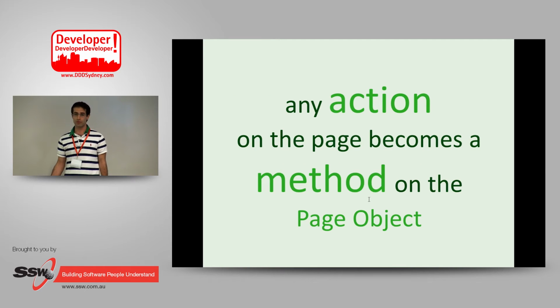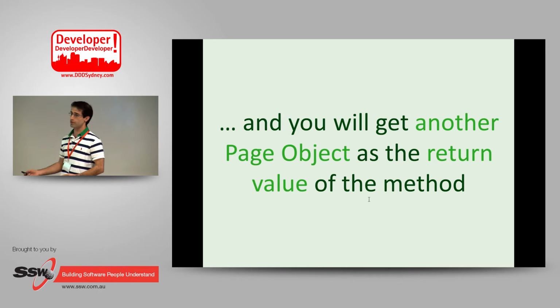And the other thing that I really like about page object is that any action, like clicking on a link or submitting a form, is a method on the page object, and it returns another page object. So when you click on the admin link on the page, it takes you to the logon page. When you call that go to admin for anonymous user, it returns the logon page object.